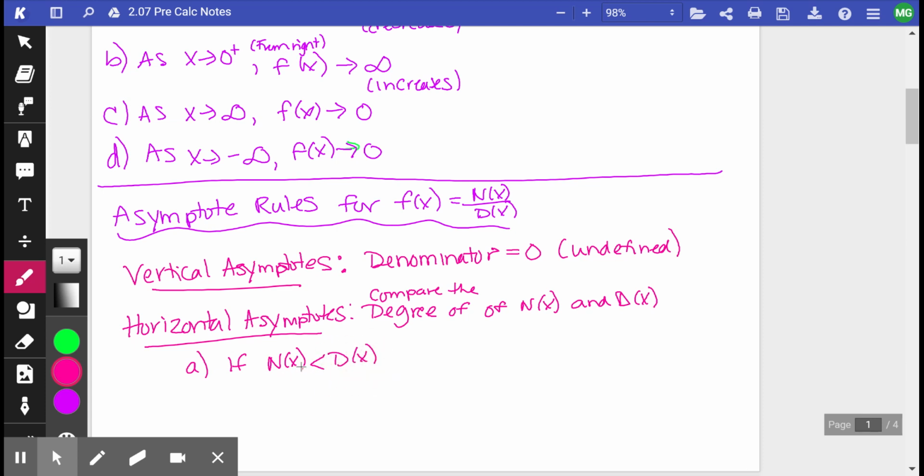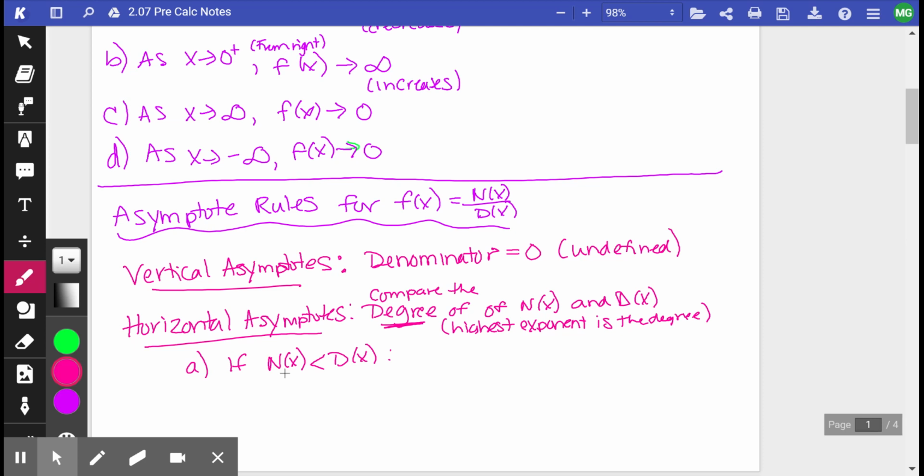I'm just using n of x, but I'm talking about the degree, meaning the highest exponent. Let's write that in: highest exponent is the degree.